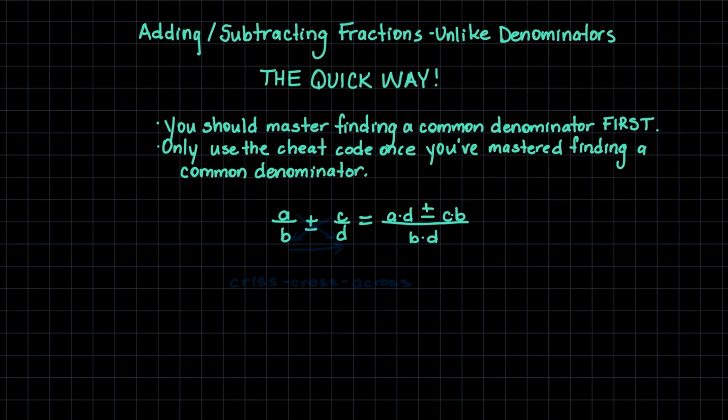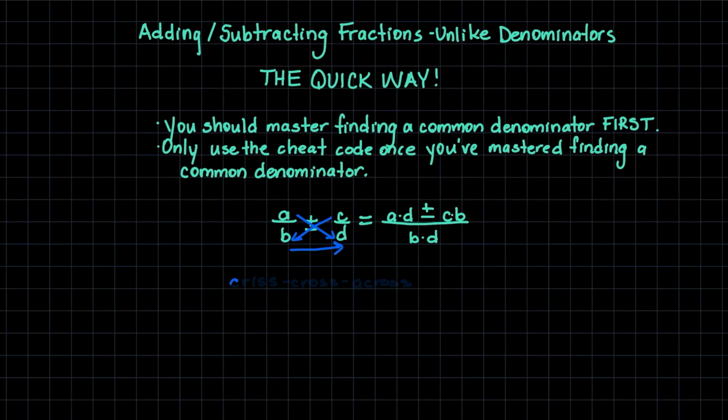So if I have two fractions with different denominators, a over b plus or minus c over d, in order to add them, I can do what we call crisscross and across. So I'm going to multiply a times d this way, plus or minus multiply c times b, all over multiply b times d.